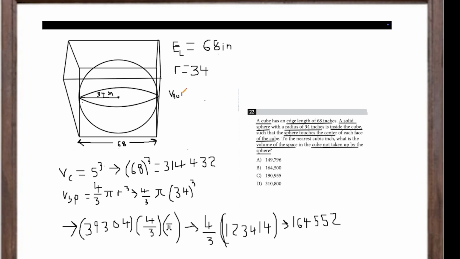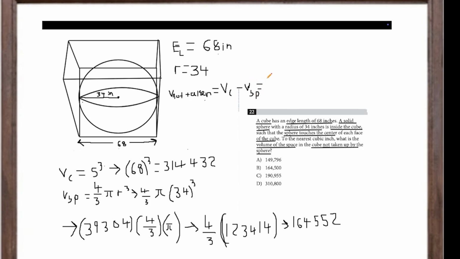Now we want to find the total volume that is not taken up by the sphere. So volume not taken is going to equal the volume of the cube minus the volume of the sphere, as we're removing the volume of the sphere from the cube. So we have to use subtraction.